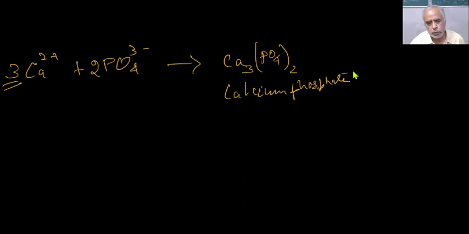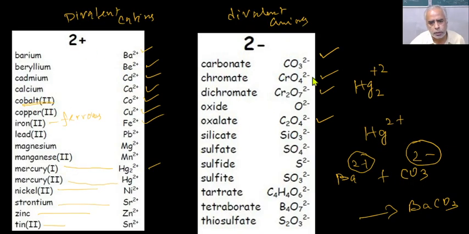Okay, so got it. So shall we try? You have Cr2O7 2 minus. What is that? Dichromate, is it not? So this one is dichromate.